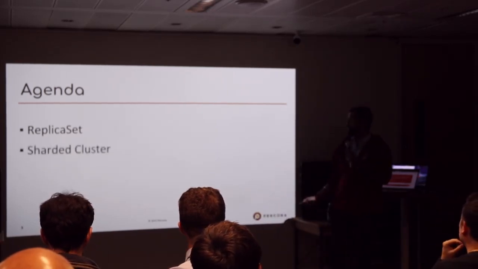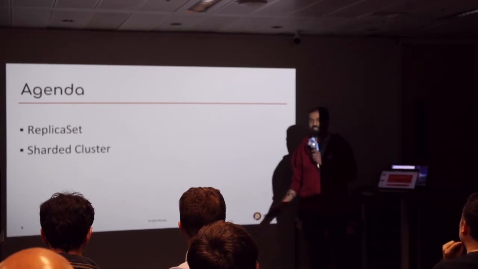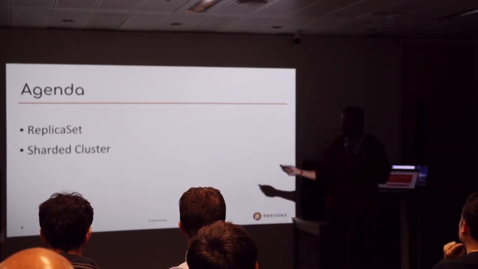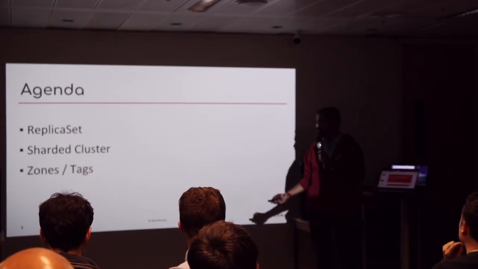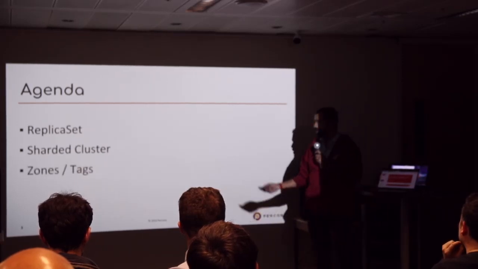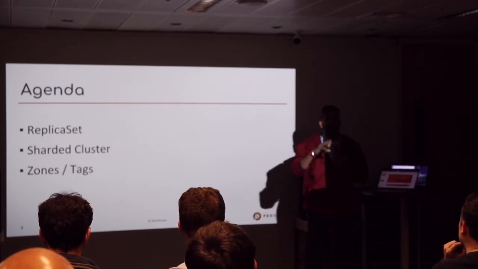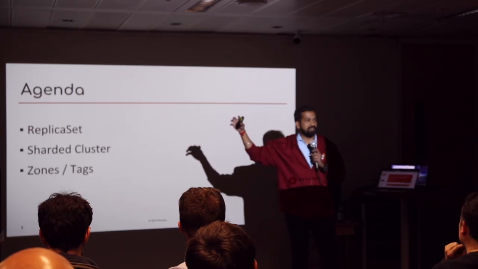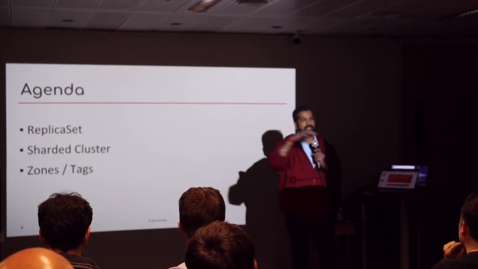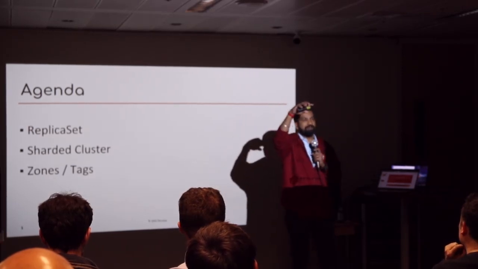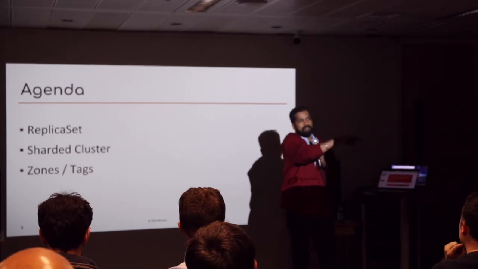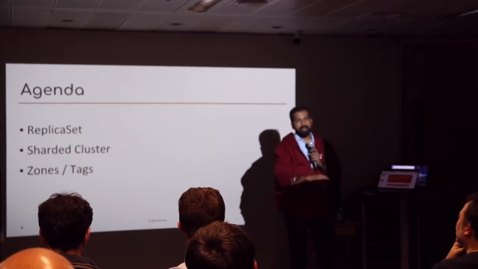Next is the Sharded Cluster, and we will look at what a Sharded Cluster is, and zones and tags. For example, you have your data across data centers: something from Australia, something from China, and something from the US.